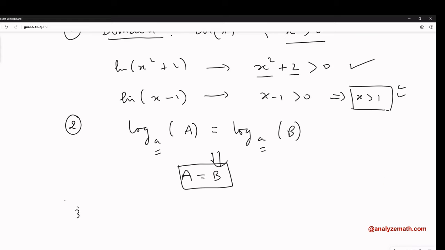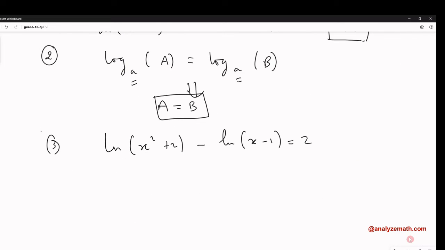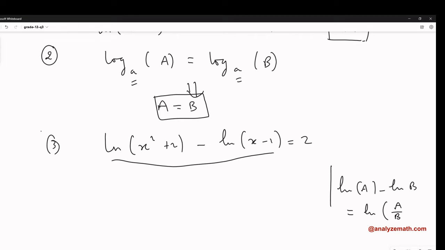Step number 3: we have ln(x² + 2) on the left side minus ln(x − 1) equal to 2. Now, the left side has the form ln a minus ln b, and we know that this is equal to ln(a/b). So this is the first step.